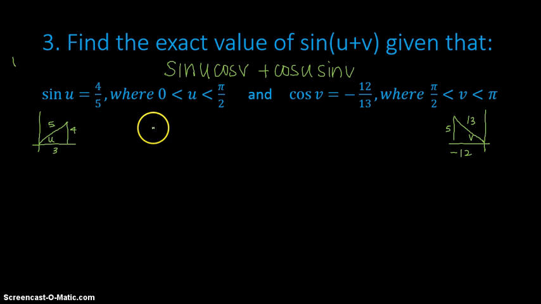Alright, so sine of u is 4/5 times cosine of v, which is negative 12 over 13, plus cosine of u, which is 3/5, times sine of v, so 5/13.